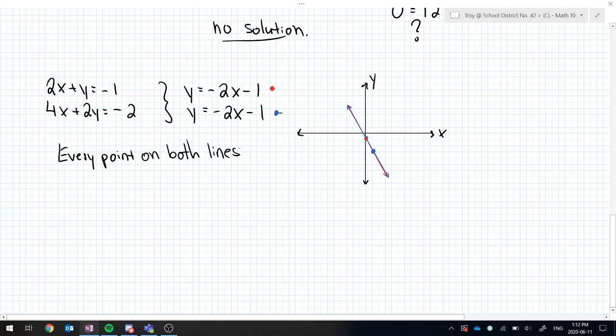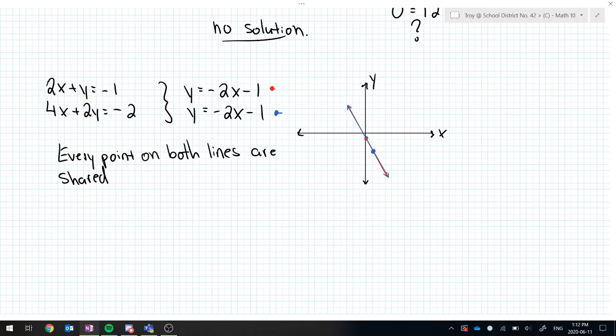And if the points are shared, that is the exact same thing as having 2 points cross over or intersect. When you have two lines that intersect, they're sharing that point, and that shared point is what our solution is. But now if every single point is shared, that means that every single point is a solution.